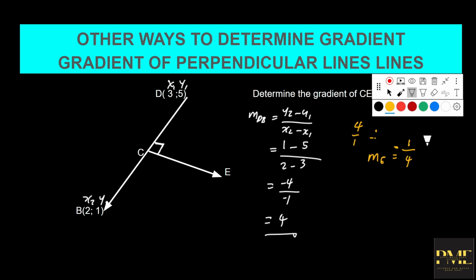And remember, the gradients of lines that are perpendicular to each other, when you multiply them, give a negative 1. Okay, so let us move on to our next lesson.